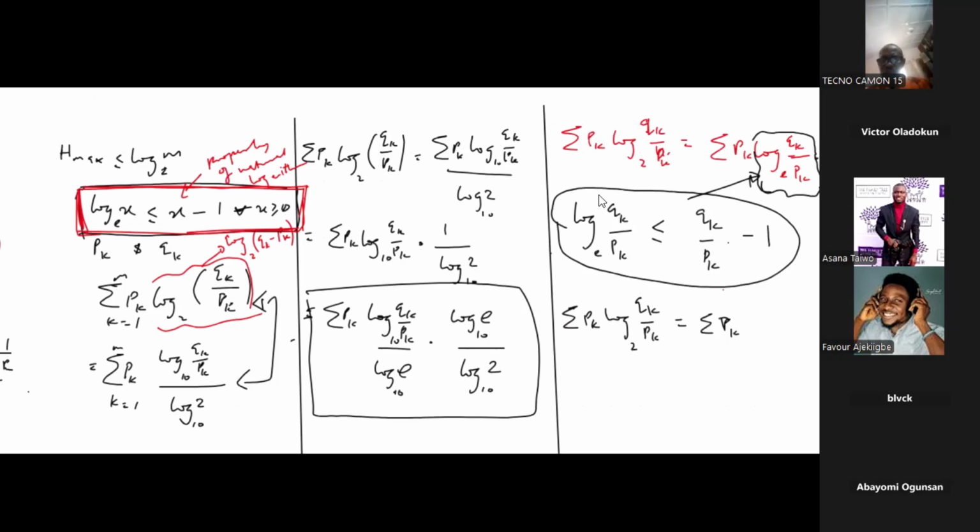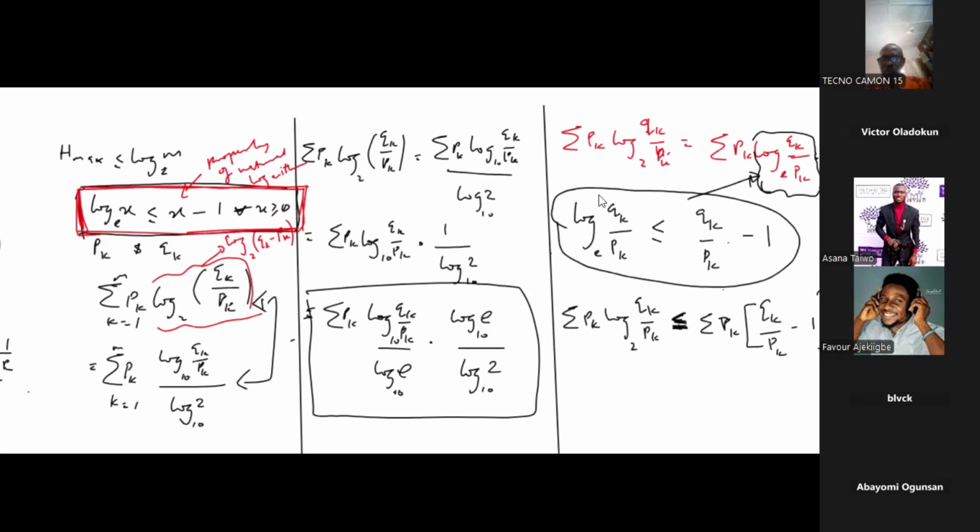Now, this equality will change because of this inequality, so we no longer have equality. Then times q sub k over p sub k minus 1 times log e base 2. Is this clear?